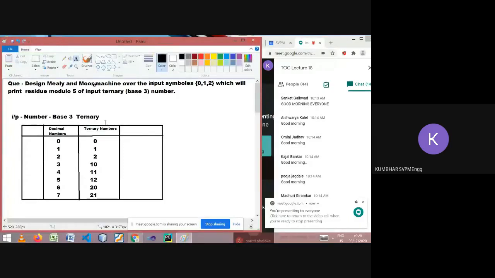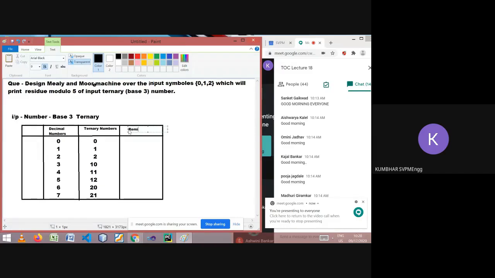Now tell me, what do we expect? Residue modulo 5. So we want to find, if we divide any of these numbers by 5, what is the remainder?